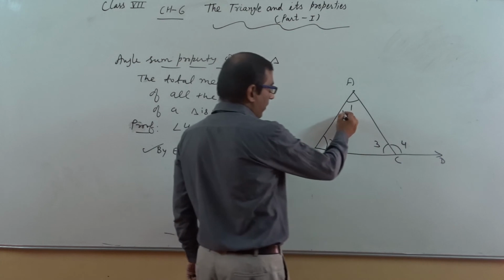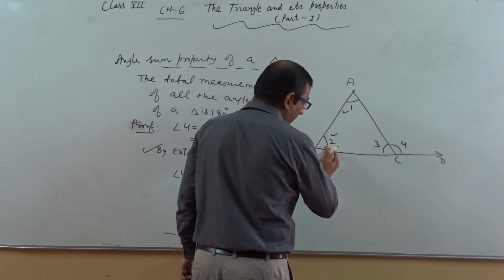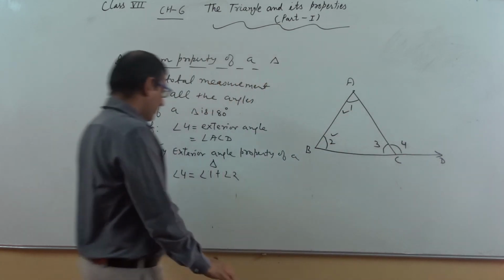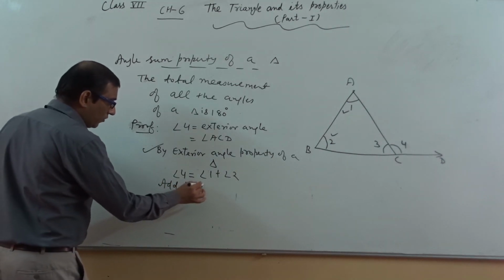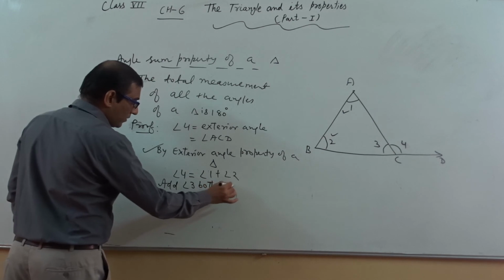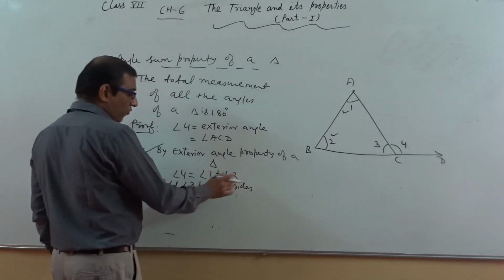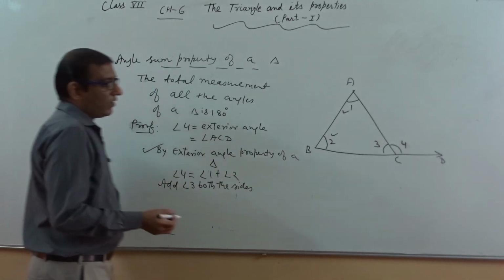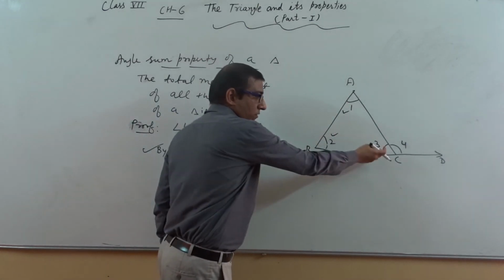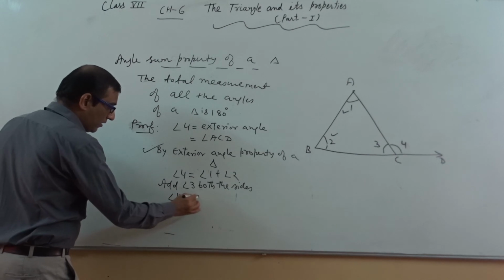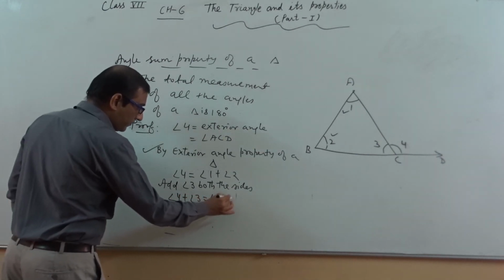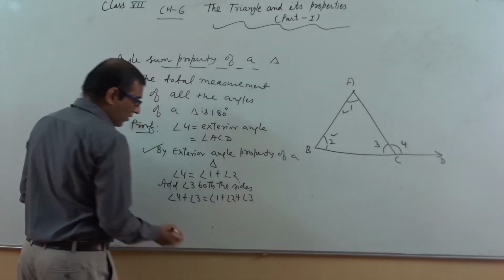In this triangle, 1 and 2 both are the interior opposite angles of this exterior angle 4, right? Now we will add angle 3 to both sides. So why do we add angle 3 to both sides? Because we have to calculate the sum of all these three angles. That's why we will add angle 3 to both sides.